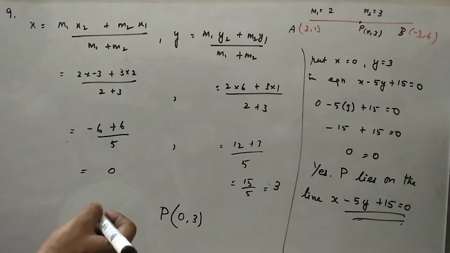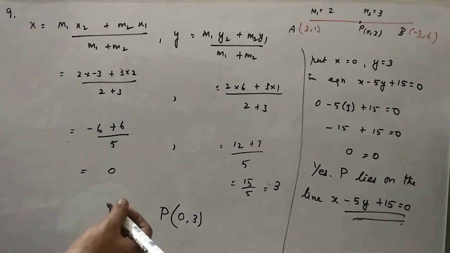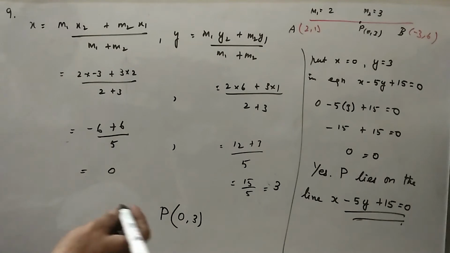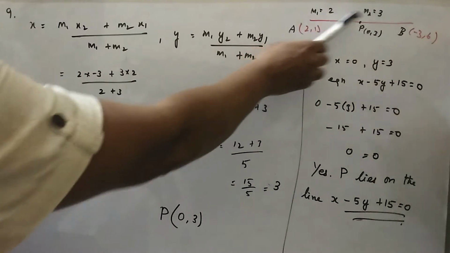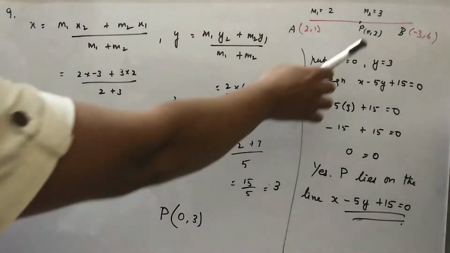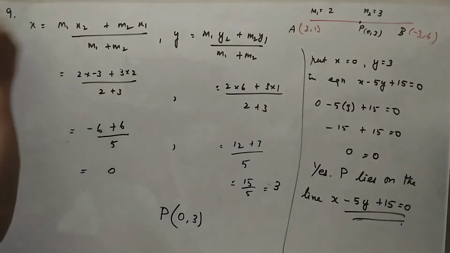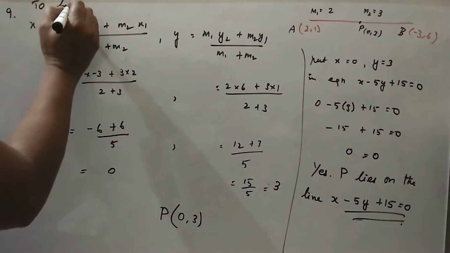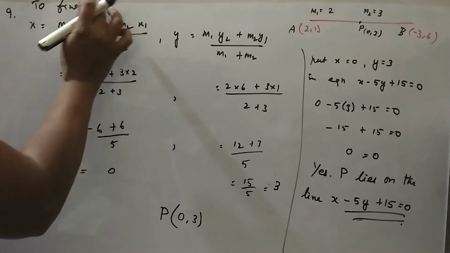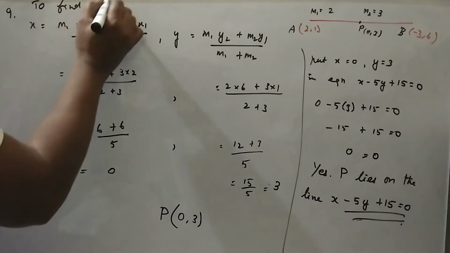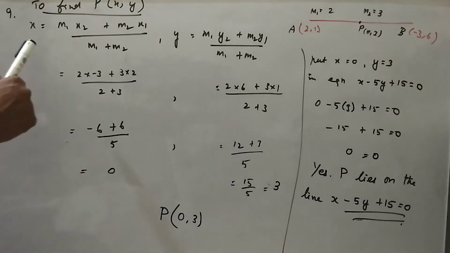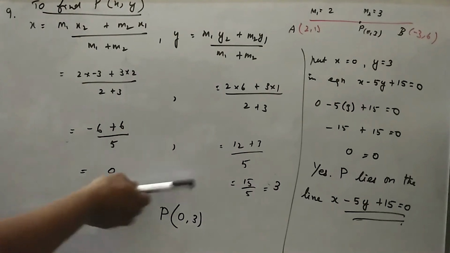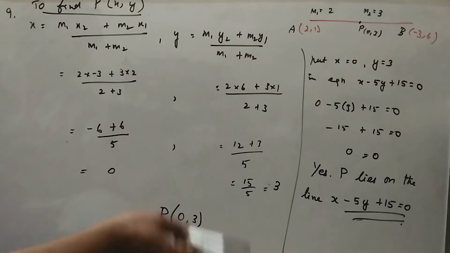So they said the line segment AB is divided by the point P in the ratio 2:3. So we have to find the coordinates of P first. Using the section formula, you will get the coordinates of P as 0 and 3.